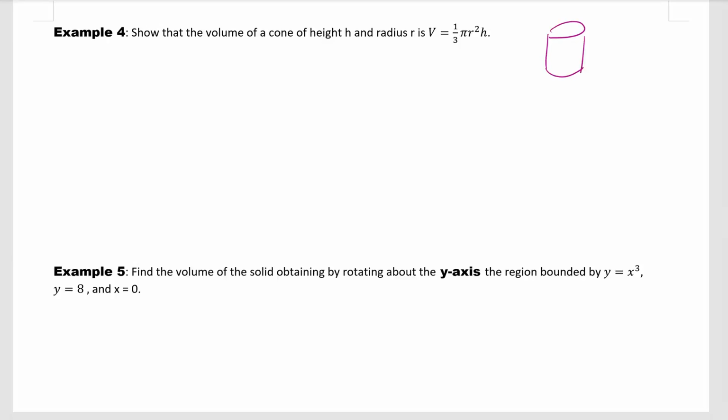Okay, we know for a circular cylinder with radius r and height h, the volume is pi r squared h, right? And we know that a cone with radius r and height h, okay, my cone doesn't look pretty, is gonna be 1/3 pi r squared h.